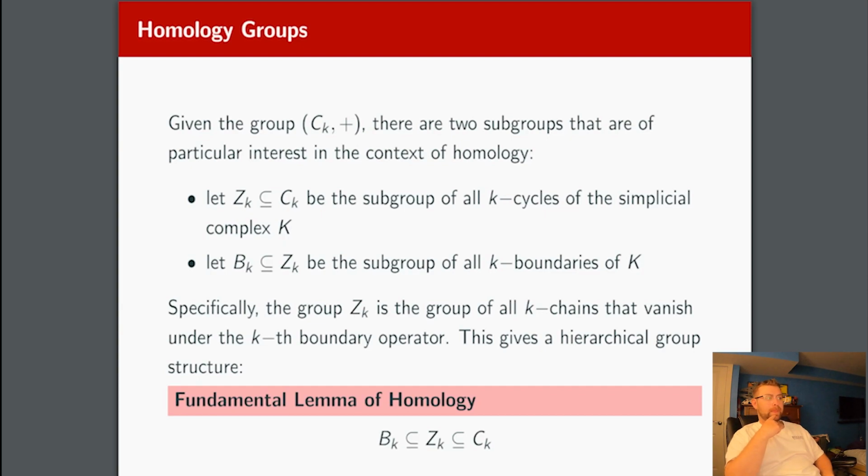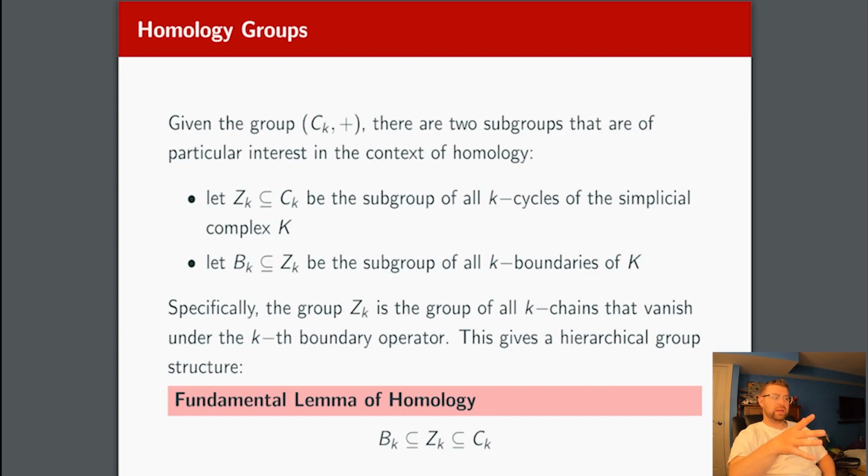And B_k is a subgroup of Z_k, the subgroup of all k boundaries. So that's all the k simplices that are boundaries. Specifically, Z_k is the group of all k chains that vanish under the boundary operator.